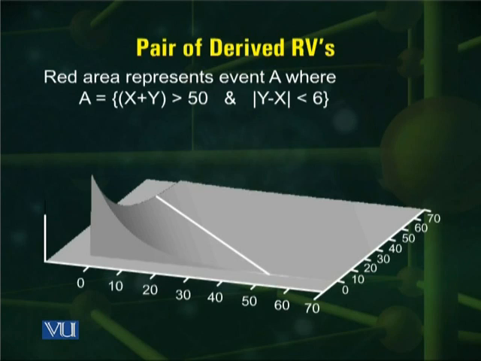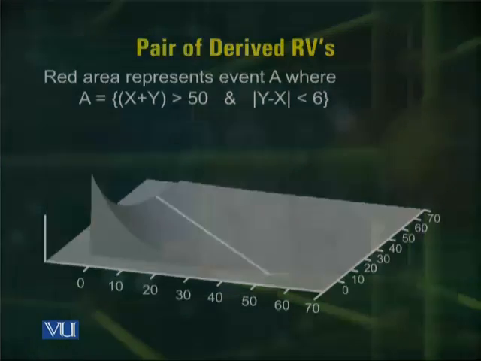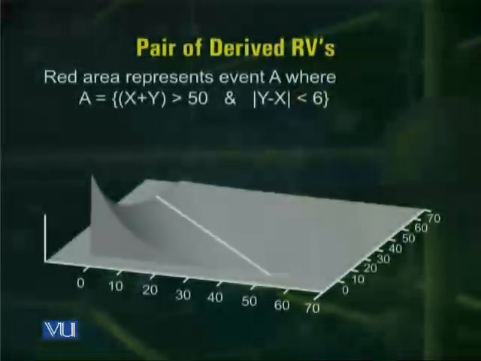If you take these as two inequalities, that y minus x is greater than -6, and rearrange terms, you get y is greater than x minus 6. And if you take the other side of the constraint, that y minus x is less than +6, and take x to the other side, you get y is less than x plus 6.